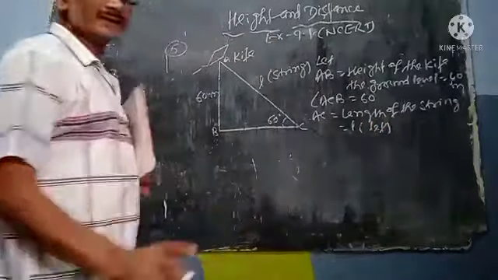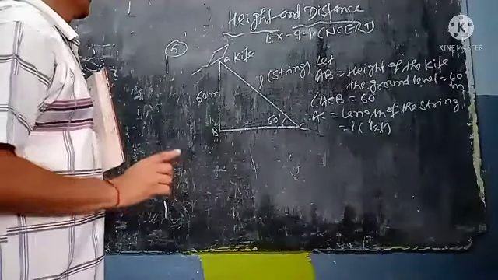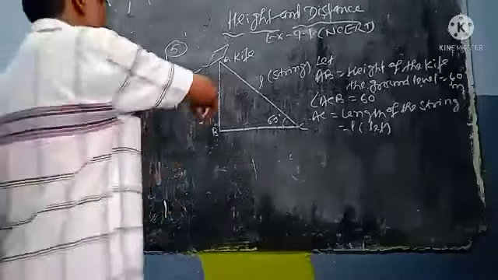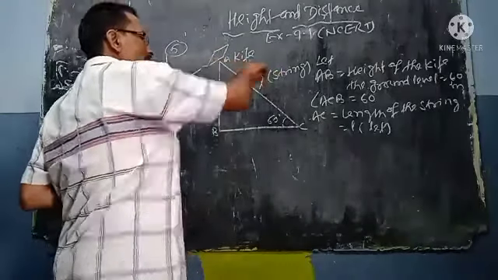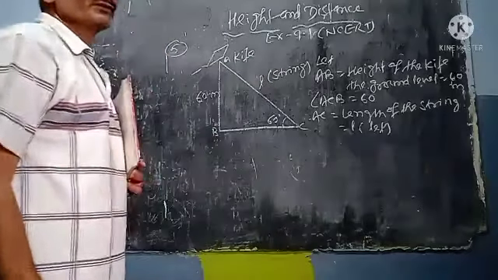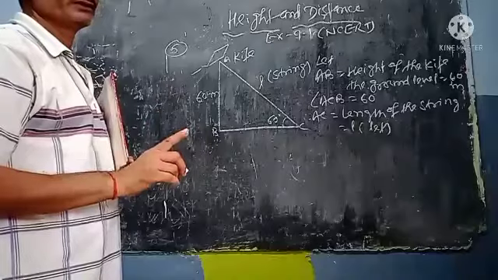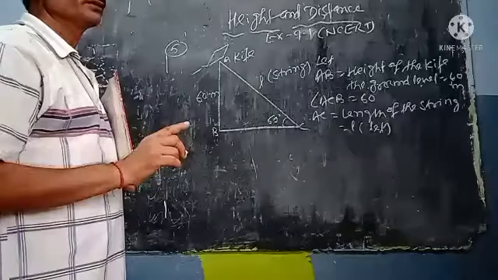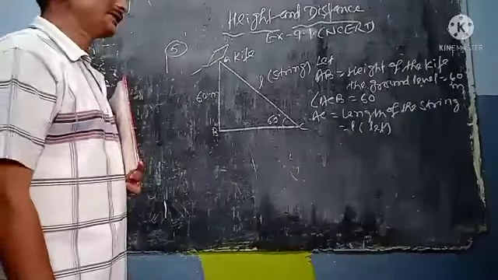Now dear students, at first we must confirm the relationship between this part, the perpendicular, and this part, the hypotenuse. So in which ratio do we have to find this relation? Sine, cos or tan? Perpendicular and hypotenuse, that is the part of sine.